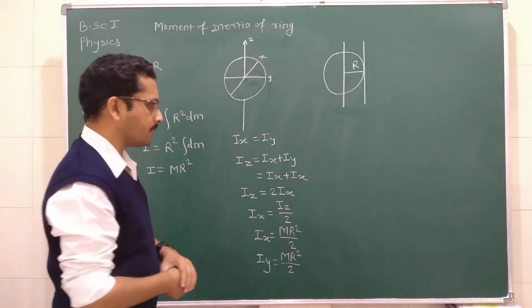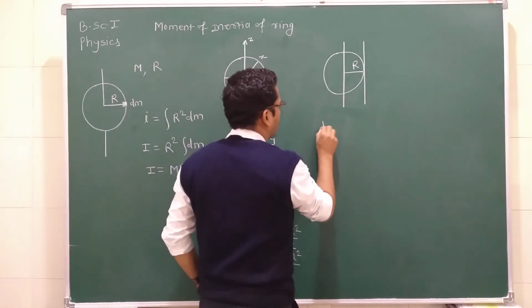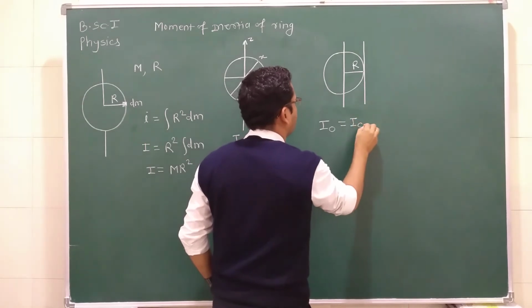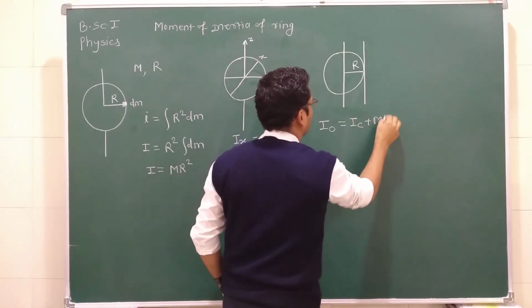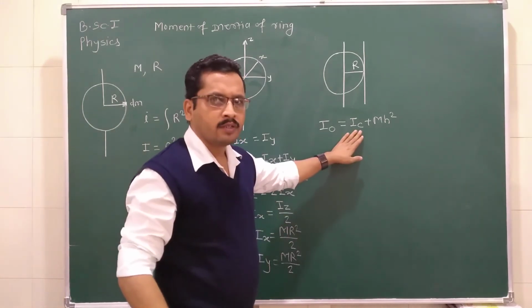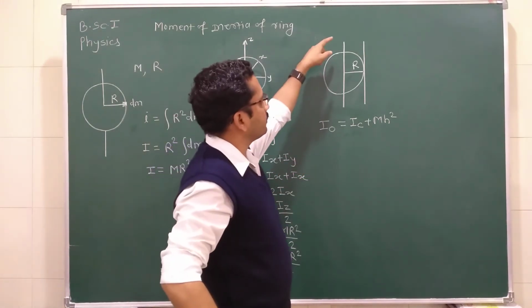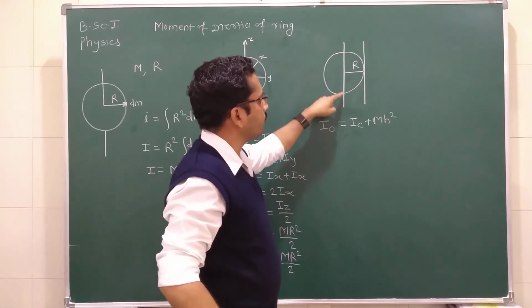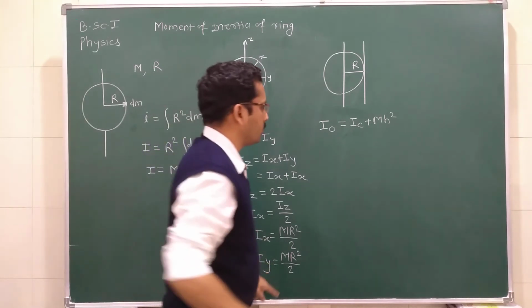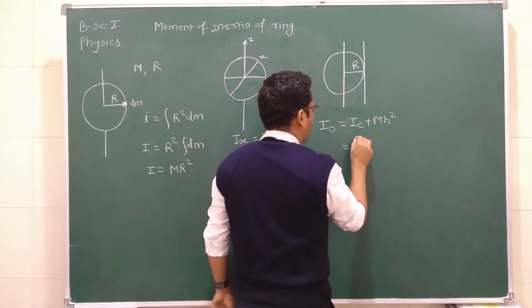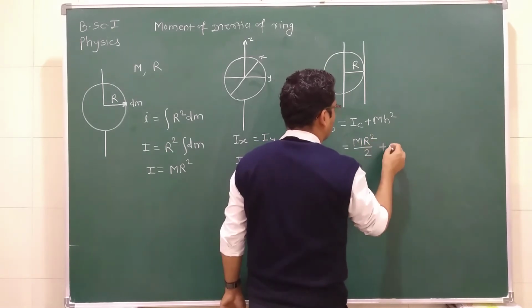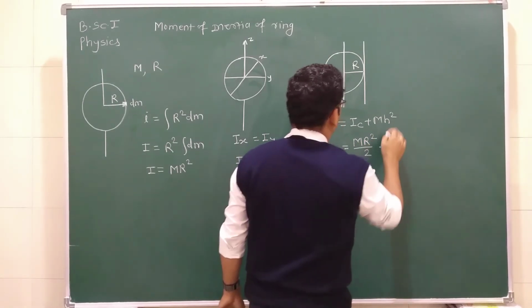According to the parallel axis theorem, the moment of inertia I0 is equal to IC plus mh square. IC is the moment of inertia about the center of mass, which here is the moment of inertia about the diameter, equal to mr square by 2. So we can write mr square divided by 2 plus mh square.